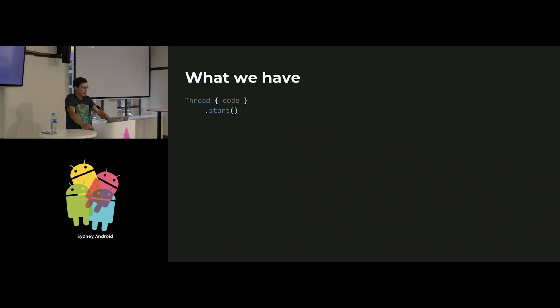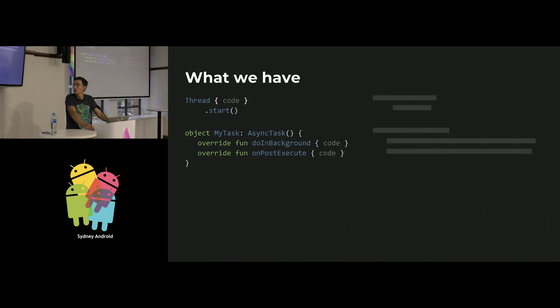We can use a thread where you need to specify a callback. Let's represent it with just gray squares on the right. We can also use an AsyncTask, which is quite similar, where you also need to specify a callback, and the code would look something similar to this.